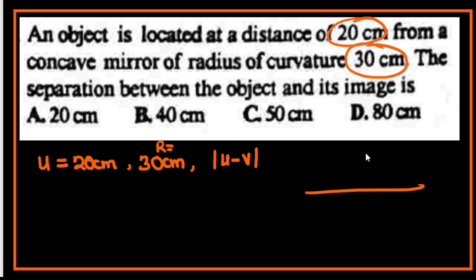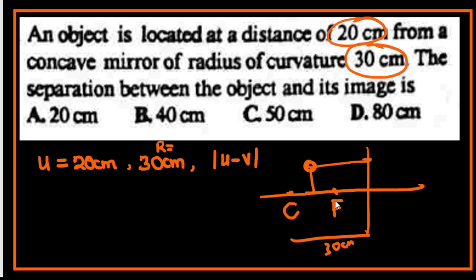For somebody who is used to ray diagrams, I can tell that this is the principal focus, this is the center of curvature, the gap here is 30 centimeter, and the object being at 20 centimeter means the object is positioned between the C and F, and the image is usually behind the center of curvature. So if this is 20 centimeter, I am expecting a value that is bigger than 30 centimeter for my V.